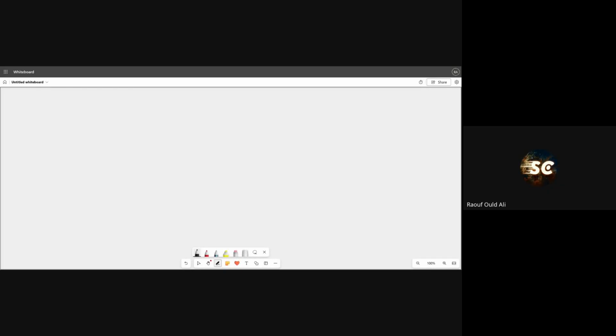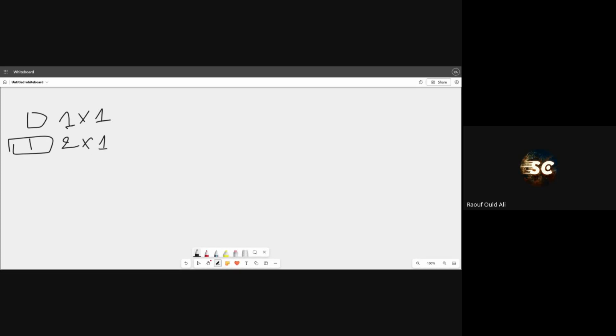So we are given an infinite amount of one by one blocks, like this, and two by one blocks, like this, two by one.